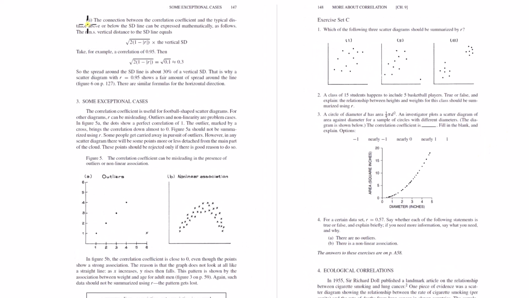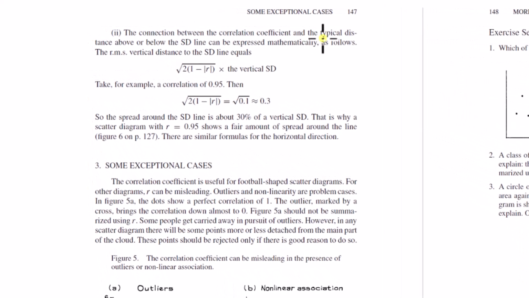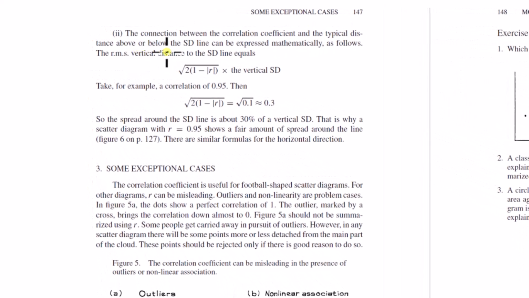Okay, here's the second technical note. It says the connection between the correlation coefficient and the typical distance above or below the SD line can be expressed mathematically as follows. The RMS vertical distance to the SD line equals the square root of 2 times (1 minus the absolute value of R), times the vertical standard deviation. Take, for example, a correlation of 0.95.